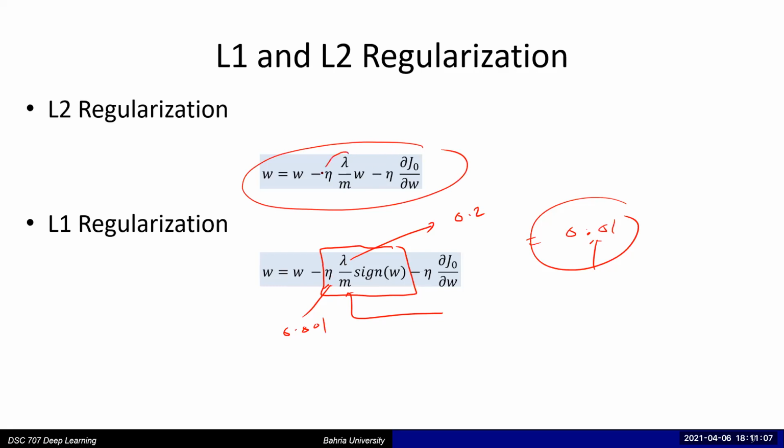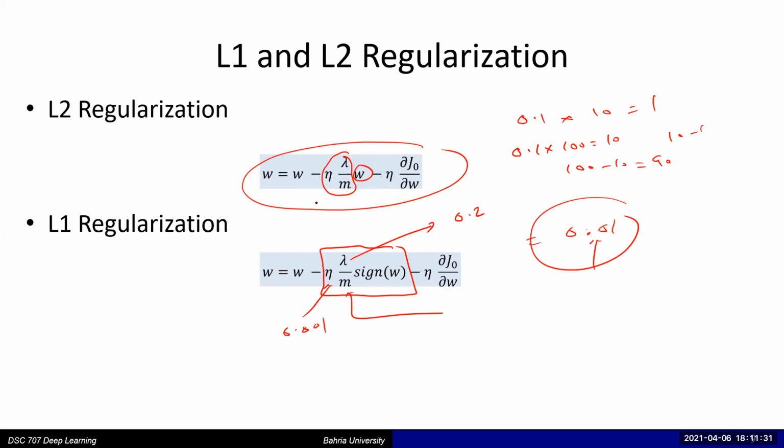On the other hand, in L2 this is actually a fraction of W. For example, if this is 0.1 and W is 10, then 0.1 times 10 becomes 1, so you will be subtracting 1 from the original value of W. If W is 100, then 0.1 times 100 is 10, so from 100 you will be subtracting 10.